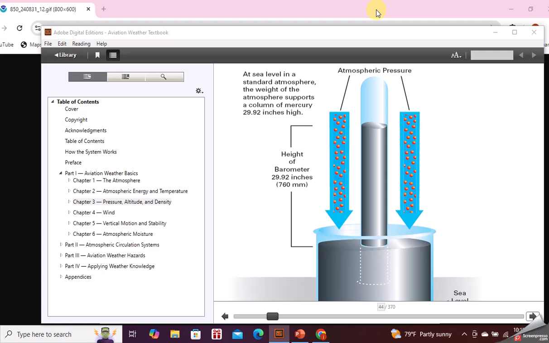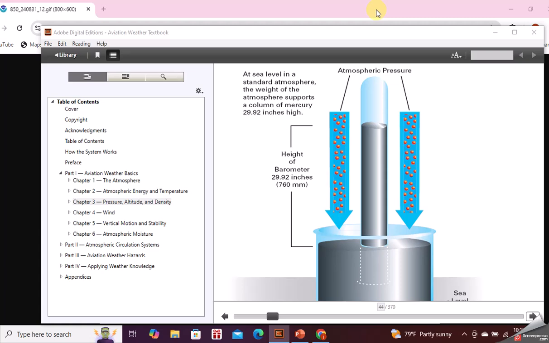But think about it. If you have a tube that has no air, so you filled it all the way up with mercury, then you had mercury all around it down in the bottom in a little glass container. You push that tube down in the glass container, the mercury is going to come down a little ways, and then it's going to stop coming down.